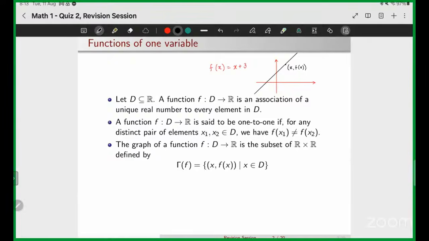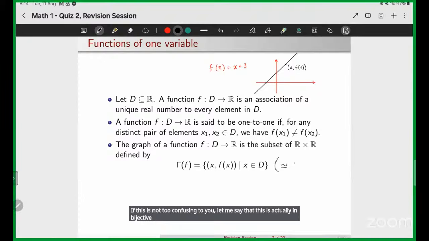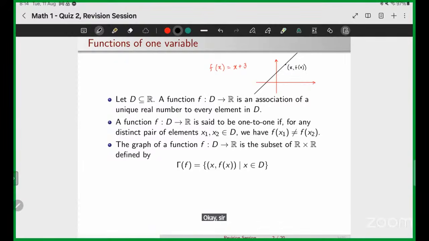If the domain itself has only finitely many points, then you can talk about its cardinality. If this is not too confusing to you, let me say that the graph is actually in bijective correspondence with the domain itself. So its cardinality is the same as the cardinality of the domain. But the domain itself, more often than not, will have infinite elements.